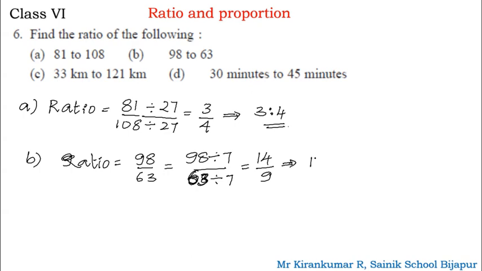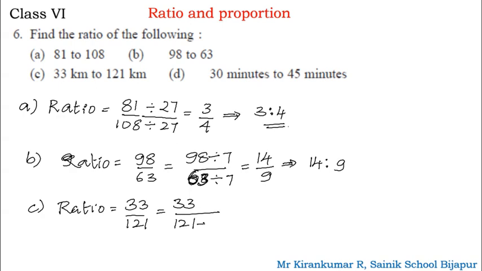So the ratio is 14:9. In the third, we have the required ratio 33 upon 121. These two numbers are divisible by 11. On dividing, we get 3 by 11. So the ratio is 3:11.